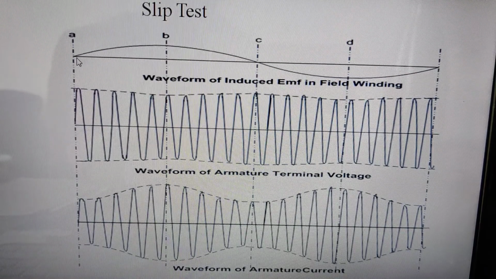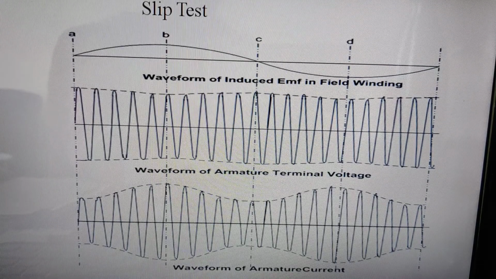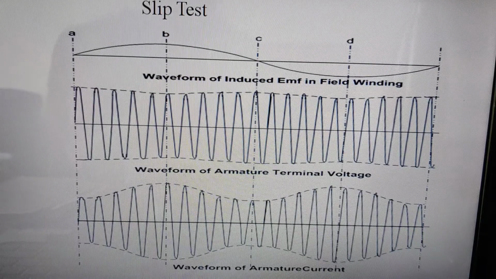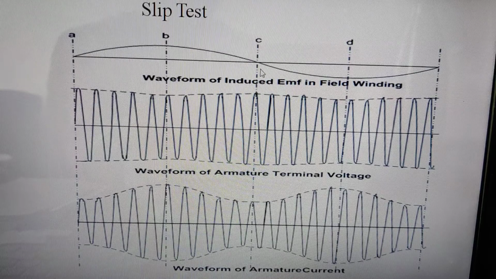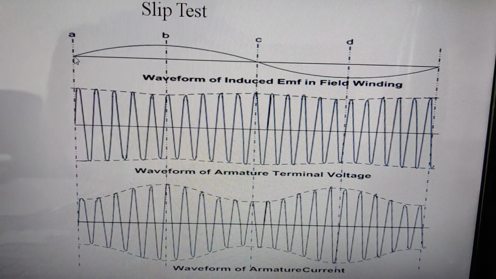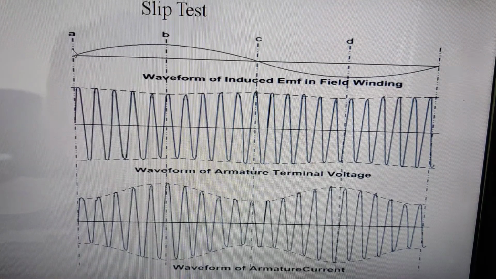Therefore, the induced field EMF along D axis, that is d phi by dt, is 0. The D axis therefore can be determined where the induced EMF, see this is the induced EMF waveform, where the induced EMF in the field winding is 0, that is the D axis. That means this line is the D axis.